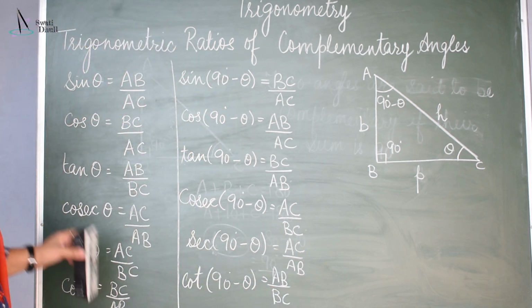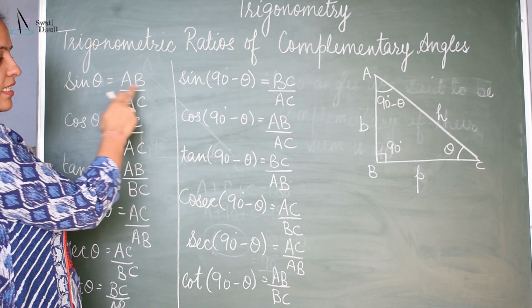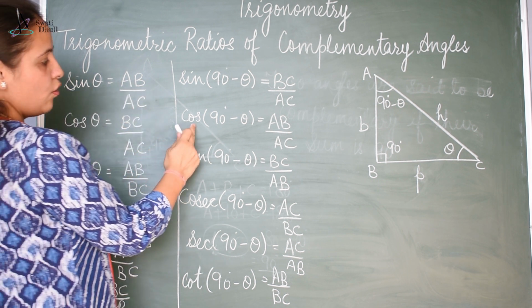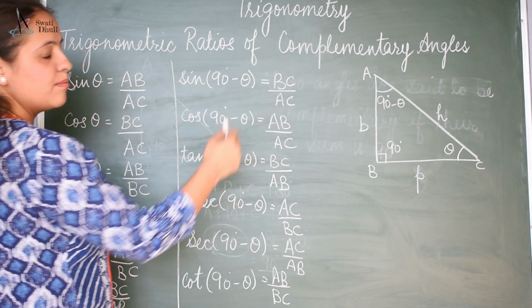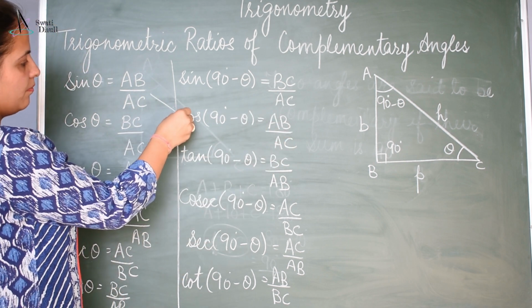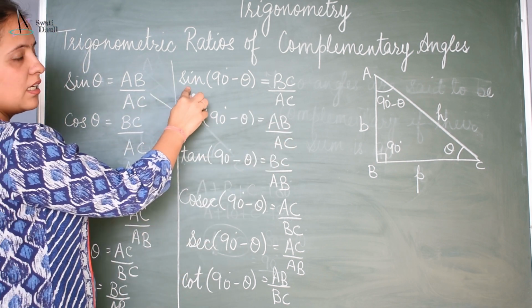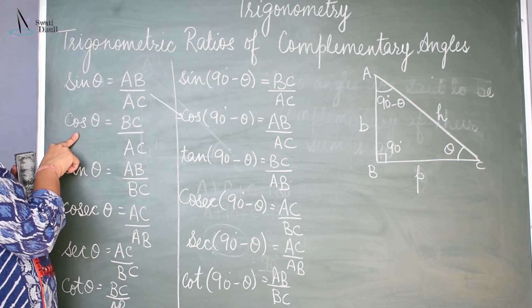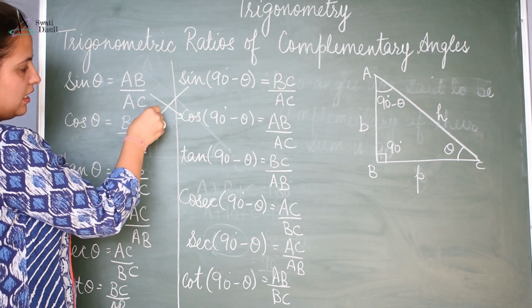Now see, your sin theta is AB by AC and your cos 90 minus theta is AB by AC. They both are equal to each other. Similarly, sin 90 minus theta is equal to cos theta because they both are equal.